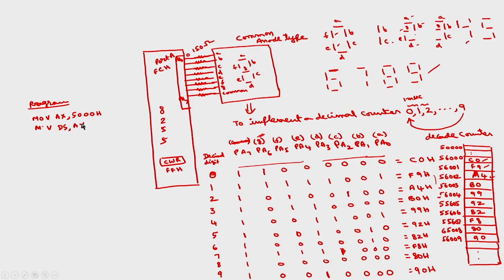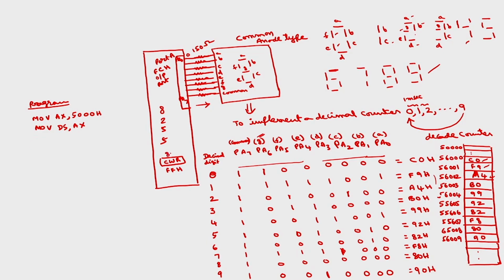Initially you have to use port A as output port, because we are going to send the data from 8255 to an output device, and the remaining ports we are not using, and we have already discussed in the earlier classes how to program all the ports in mode 0 as output ports. 80H is the control word.